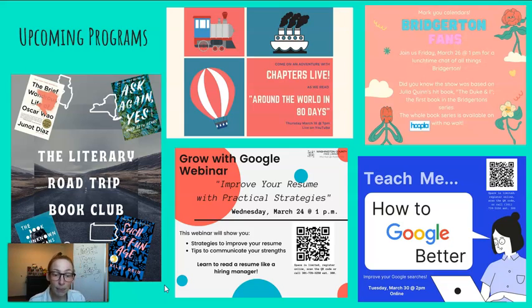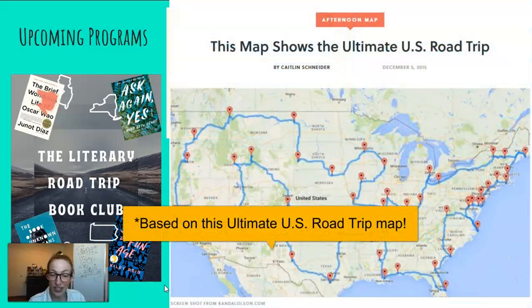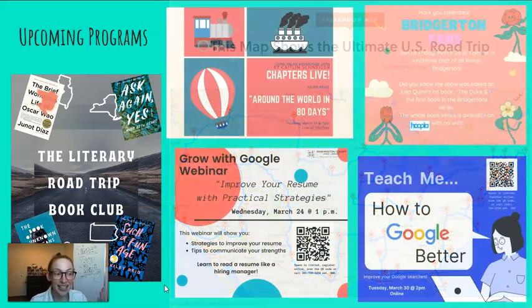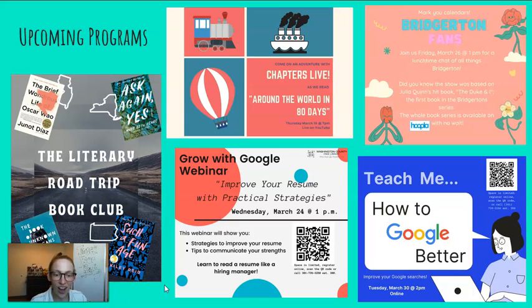This book club is going through all 50 states, and every book is placed in one of the states. We're starting with how the states joined the Union. Last month we did The Book of Unknown Americans, and this month we are just chugging right along through all 50 books.